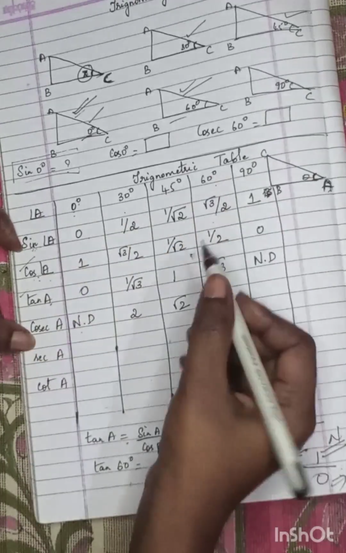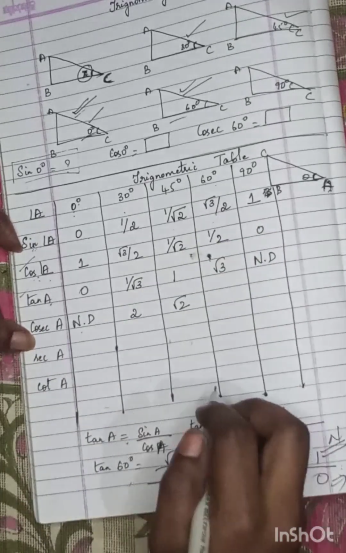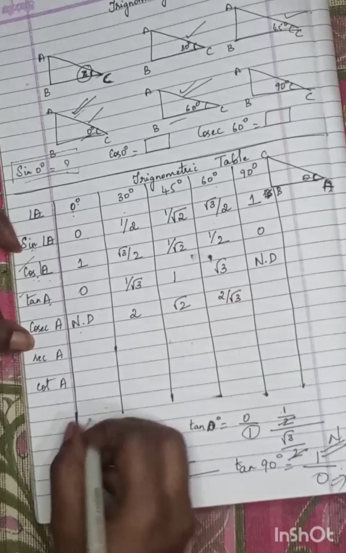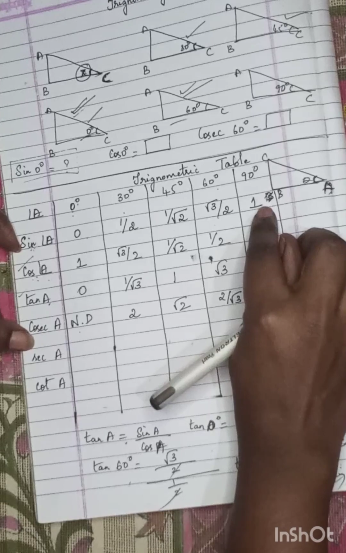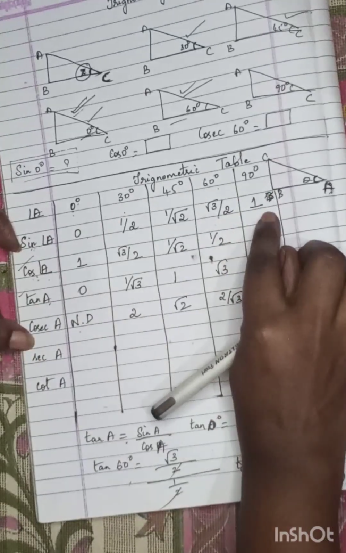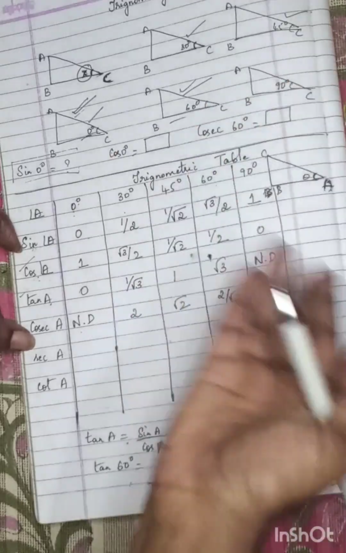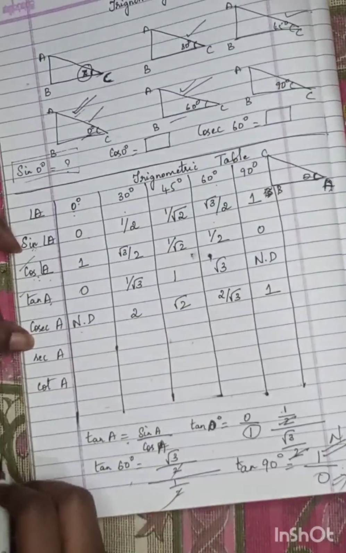When you reciprocate it, we will be getting root 2. Cosecant 60 degree is 2 by root 3. Cosecant 90 degree, sine 90 degree is 1. Below again we will be having 1. 1 divided by 1, when you reciprocate it, remains 1. So this solved cosecant.